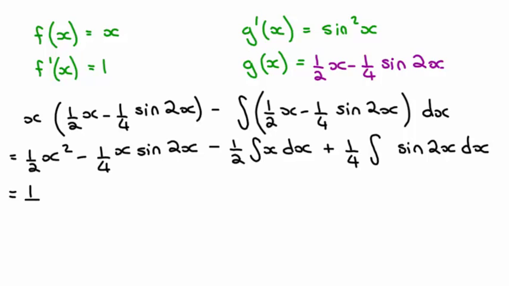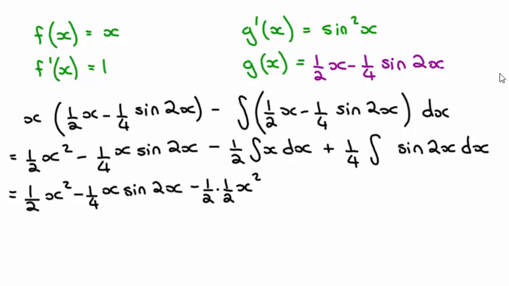Okay, so these guys just sit there. Half x squared minus a quarter x sine 2x. Then I've got the integral of x is x squared, and then remember I times by half, so I've got that half that's already sitting there, and then I've got a half x squared for the integral of x.